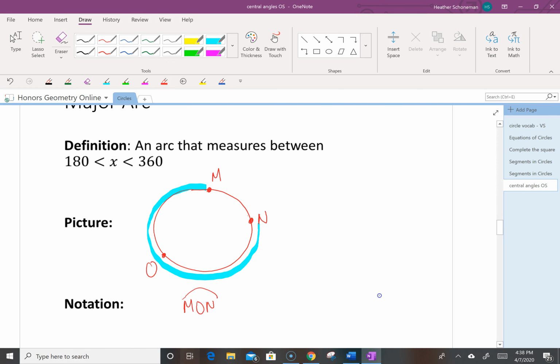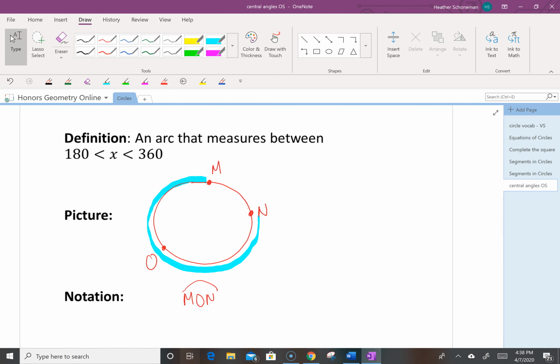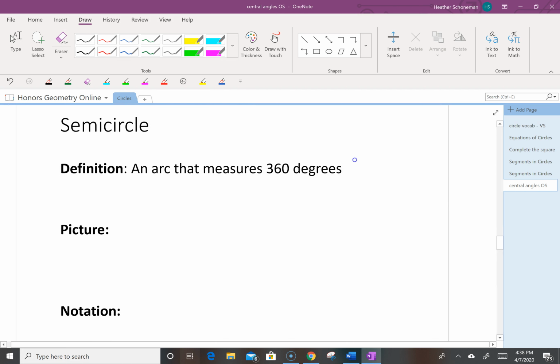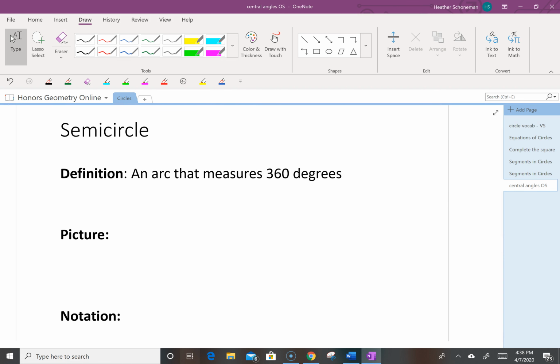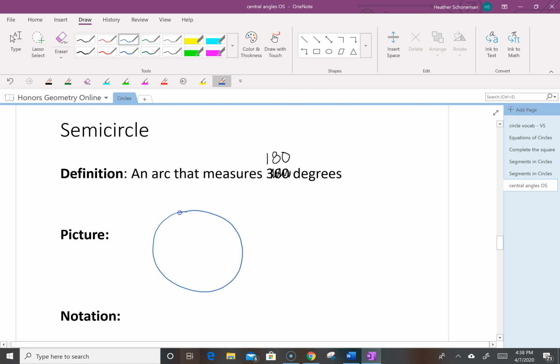The last type of arc we have, so it's either less than 180 or greater than 180, but it could be equal to 180. Whoops, and that is a typo. Okay, when it's equal to 180, it is an arc that measures 180 degrees. So if I draw that picture, here's my circle. Now, if we know it's half a circle, we'd have to know there's a diameter in there somewhere.